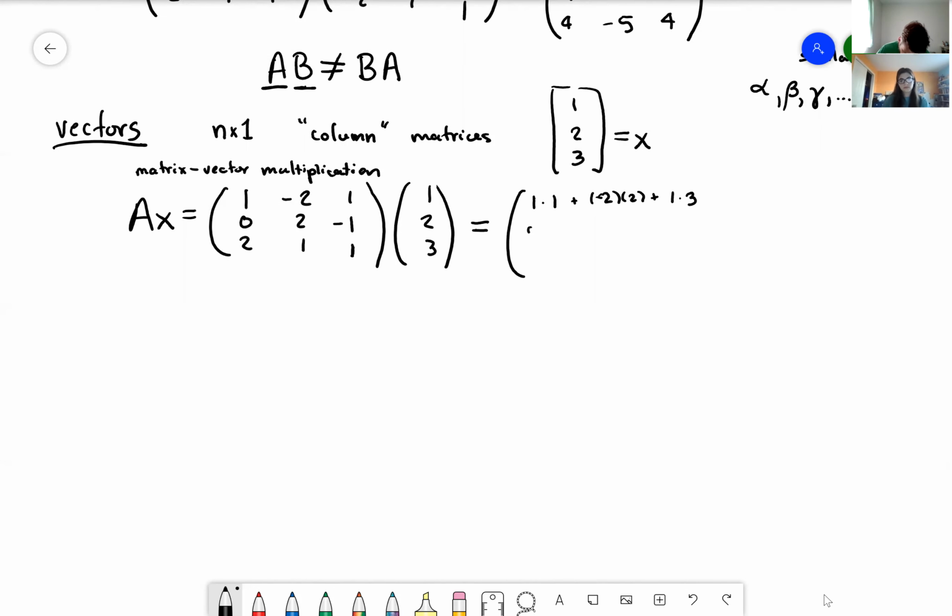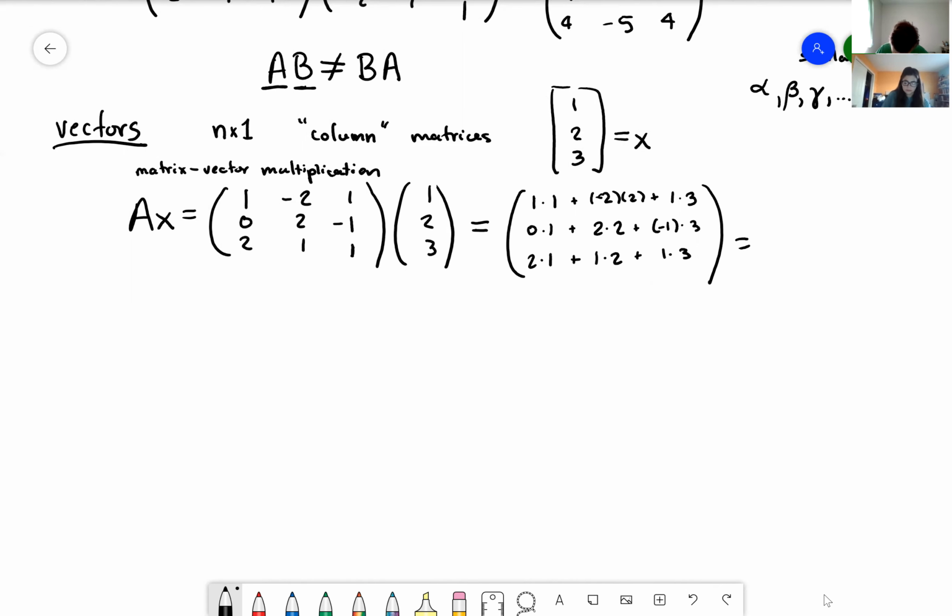The second entry will be 0 times 1 plus 2 times 2 plus -1 times 3. And the third entry will be 2 times 1 plus 1 times 2 plus 1 times 3. So what does this work out to be?